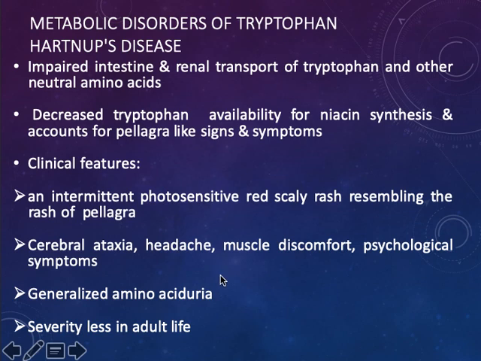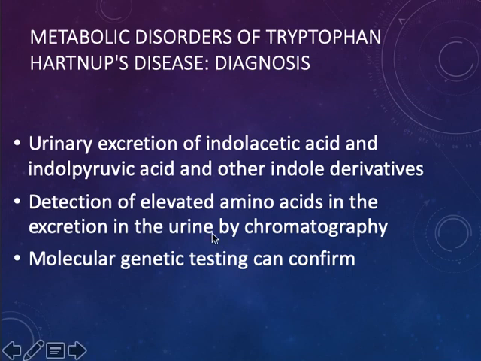So what are the diagnostic tests that can be done to detect Hartnup's disease? The urinary excretion of indole acetic acid, indole pyruvic acid, and other indole derivatives can be looked for in the urine.